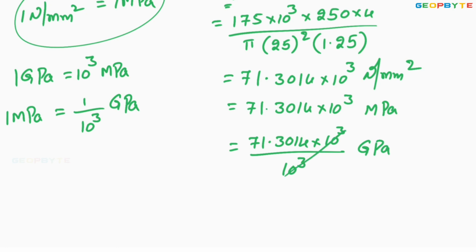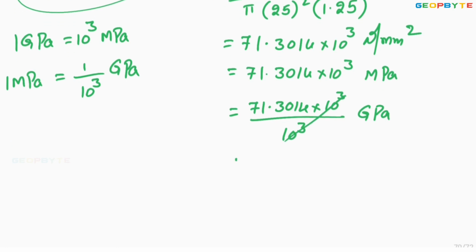These two values are cancelled. Finally, the answer is 71.3014 gigapascal. Approximately 71.3 or simply 71 gigapascal.